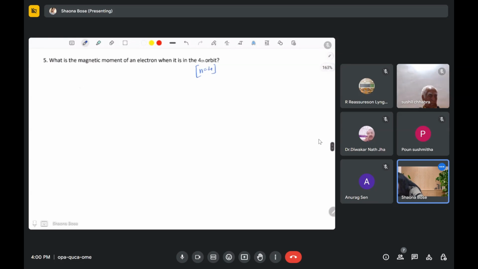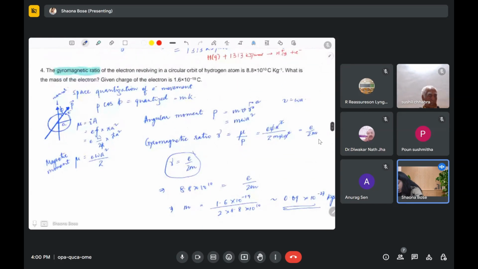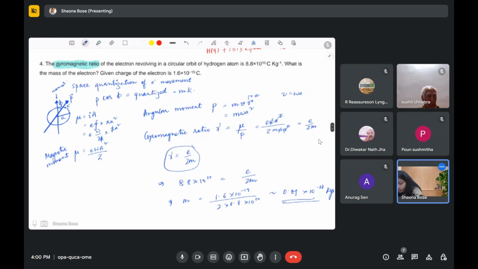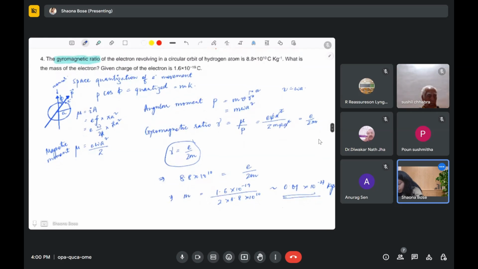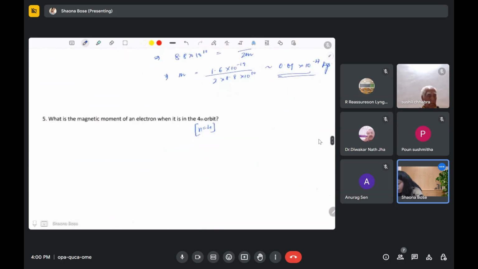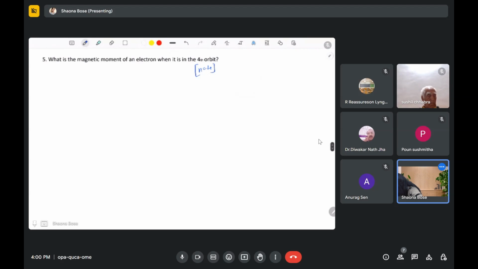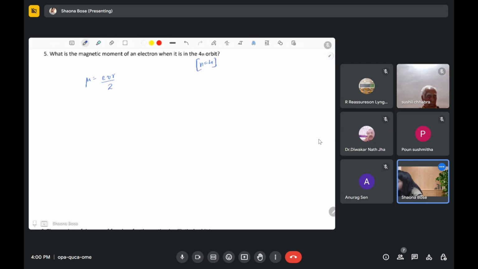Okay, so yes, you have the magnetic moment as we had seen just here. Magnetic moment is evr by 2.